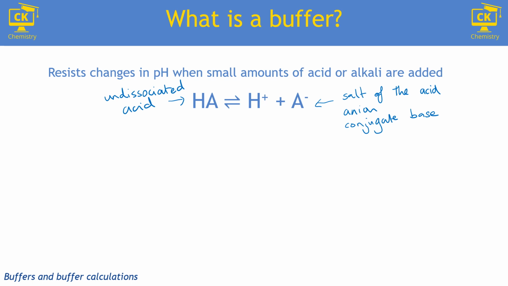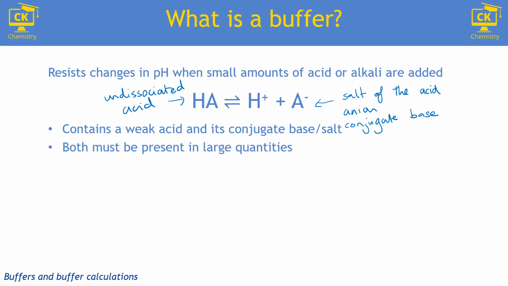A buffer needs to contain not just the acid, because if I just put the HA into solution, it's not going to dissociate much. It needs to contain reasonable amounts of the weak acid, so ethanoic acid, propanoic acid, and its conjugate base or its salt, so sodium ethanoate, potassium propanoate, etc.